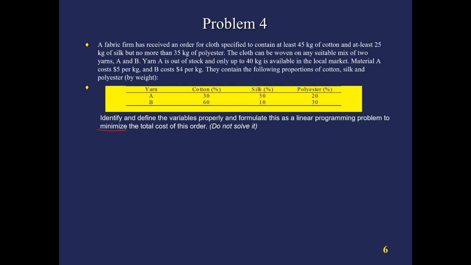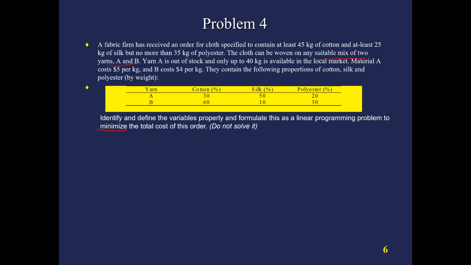The company has to decide how much of this suitable mix of two yarns A and B we buy and mix to meet the requirement of cotton, silk and polyester.